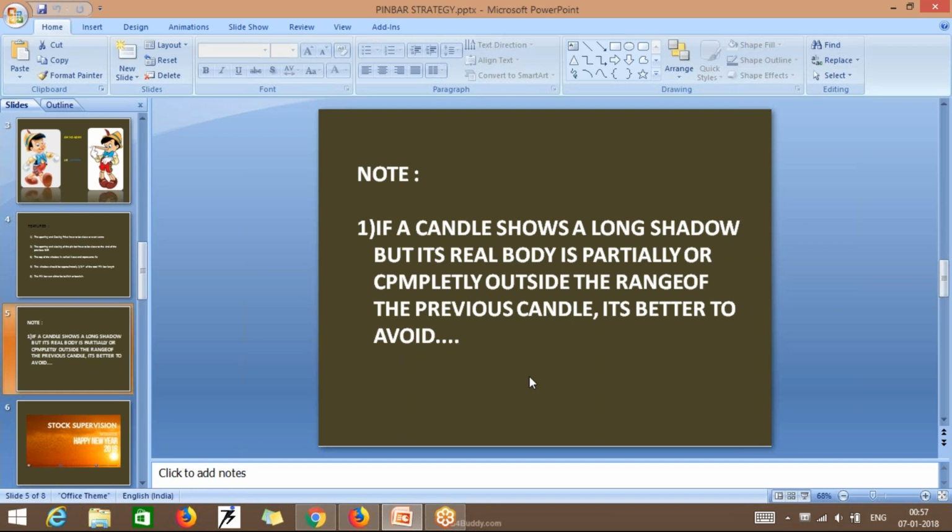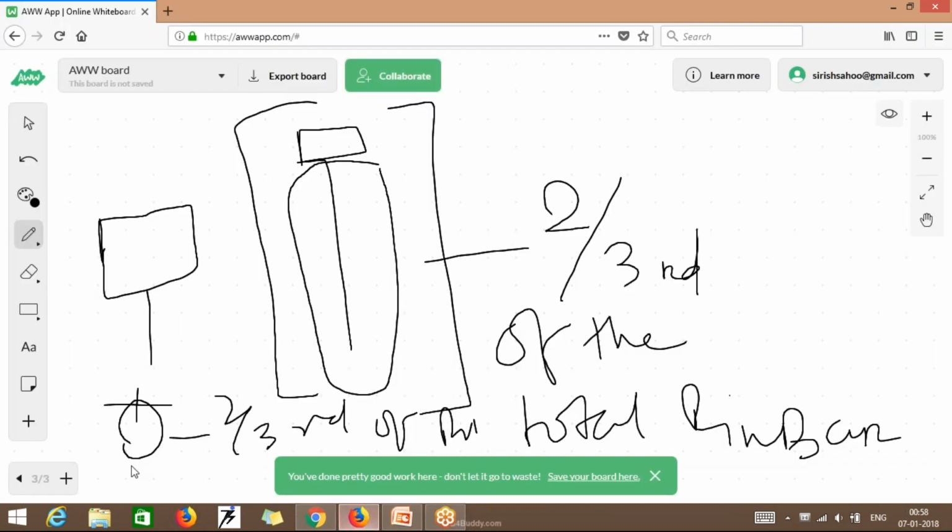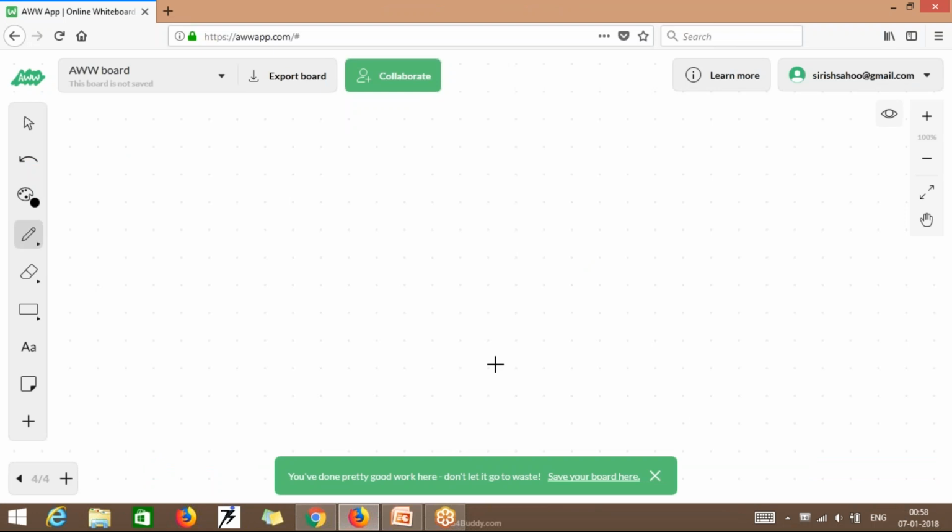But there is a note: if a candle shows a long shadow but its real body is partially or completely outside the range of the previous candle, it's better to avoid. So what it is telling is, if this is the previous candle and this is the pin bar.